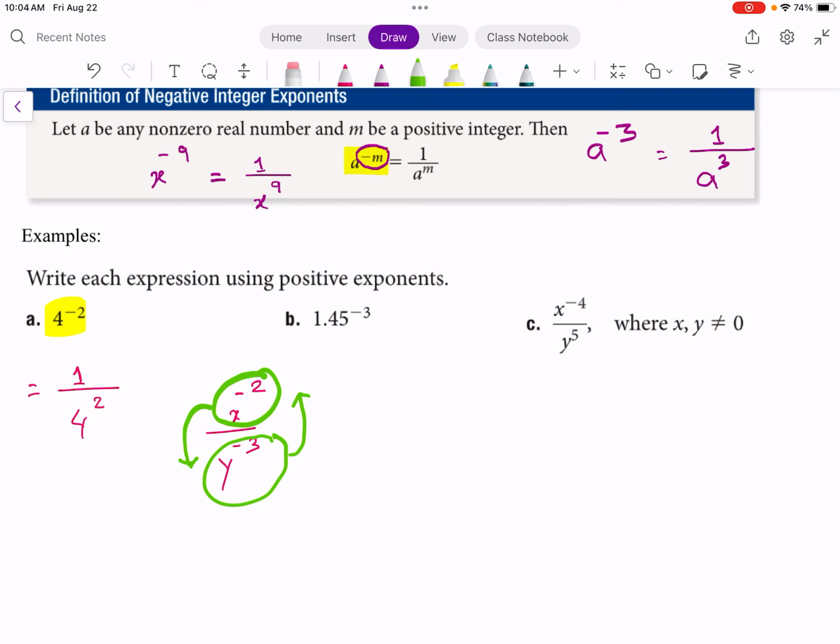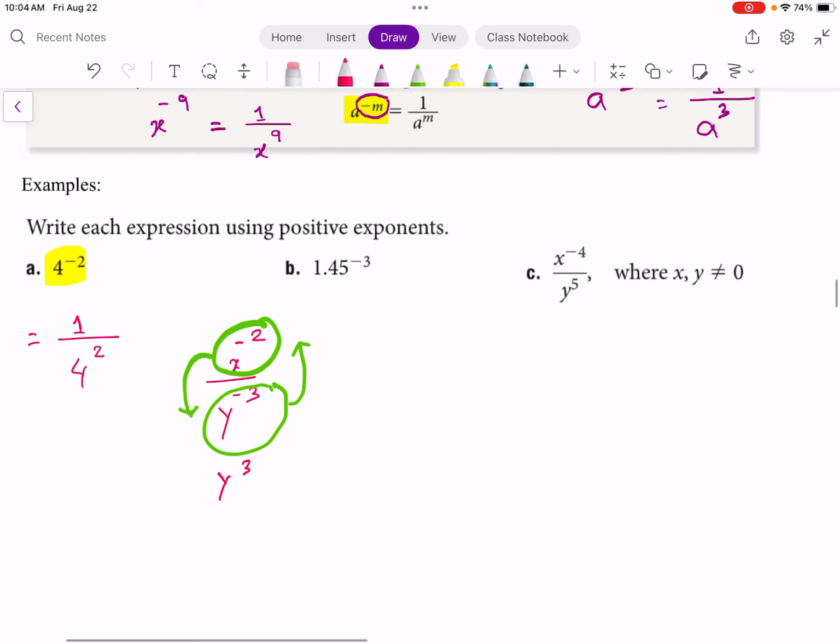So this will be y to the power cube divided by x to the power 2. When you switch your numerator and denominator, the sign of the power changes. If you have positive, it becomes negative, and if you have negative, it becomes positive.